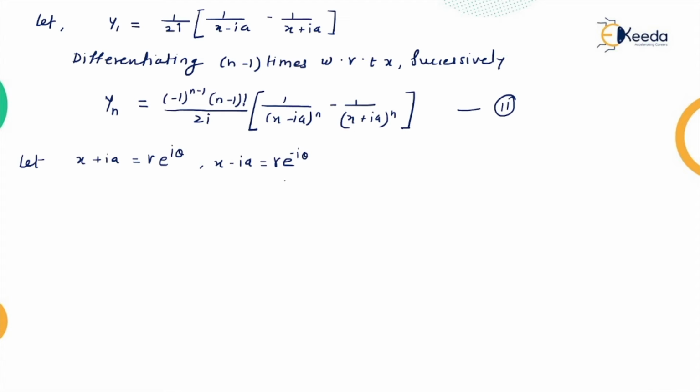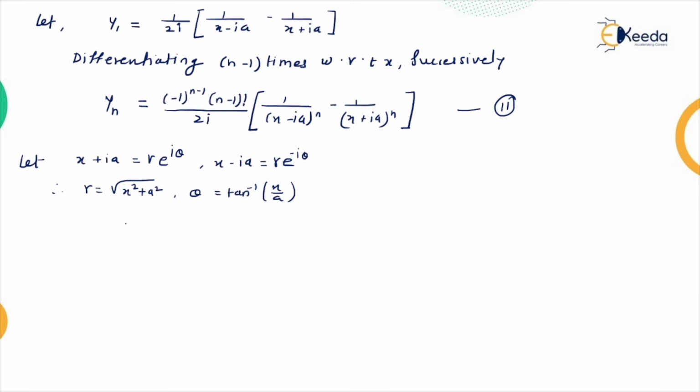Therefore r is equal to the square root of x square plus a square, and theta is equal to tan inverse of x by a.